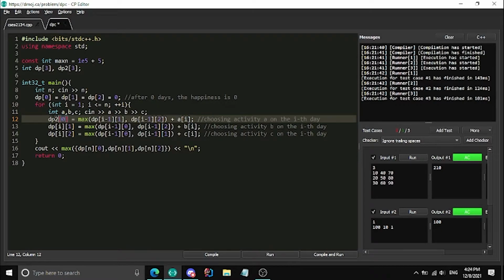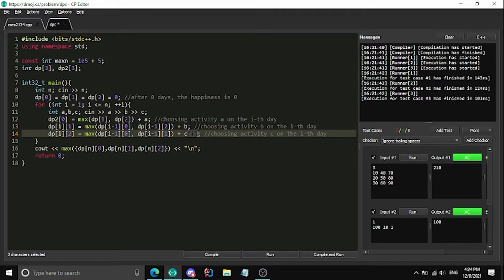So what we're going to update here is dp2, and we're going to update from dp. And instead of A of i, we have A, B and C. So we're going to have dp to store the previous day and dp2 to store the current day.